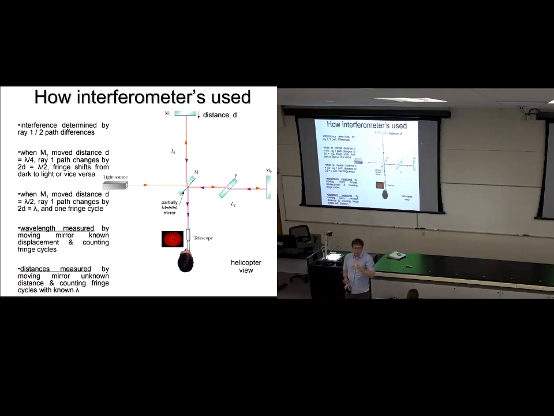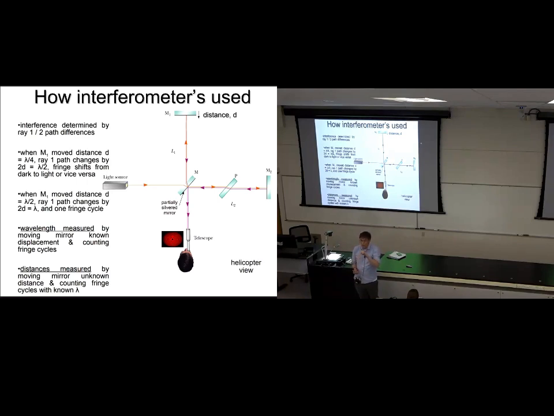Alternately, if you're measuring the length of an amoeba, or the size of a cell, or the size of a bacterium, then you would again move the mirror along the length of the cell or the amoeba. You would move the mirror that unknown distance. You would count the number of fringe changes. So maybe there were 5,000 fringe shifts or 500 complete fringe cycles.